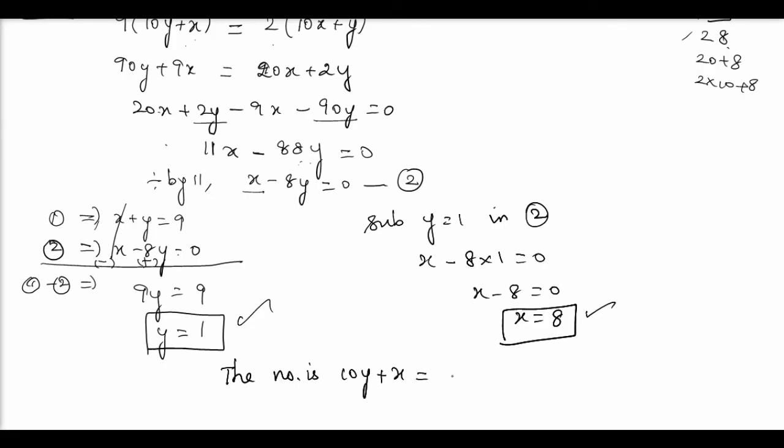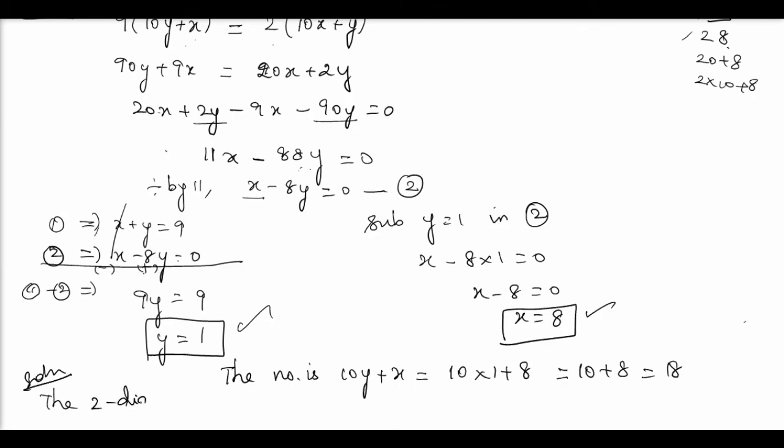So that is equal to 10 into 1 plus 8, that is 10 plus 8, that is 18. So we have got the number. So the solution is, the required two-digit number is 18, right?